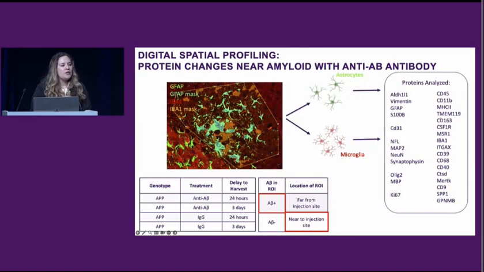For each region of interest, I then created a mask over IBA1 or GFAP positive cells, and those cells were split into different wells, and those wells were then analyzed for 35 proteins of interest. And like I said, today I'm going to focus on the A beta positive that were close to the injection site for IBA1 cells.